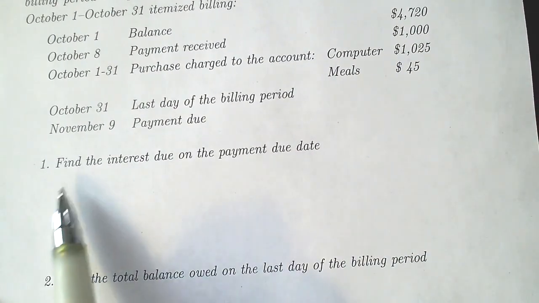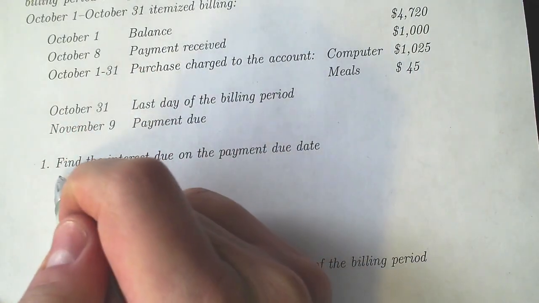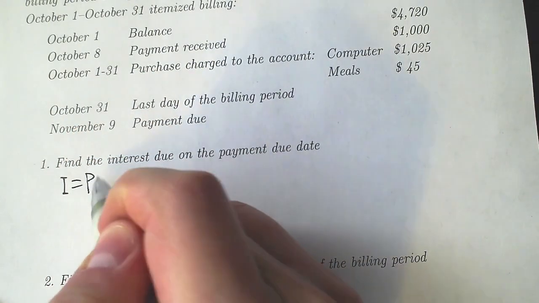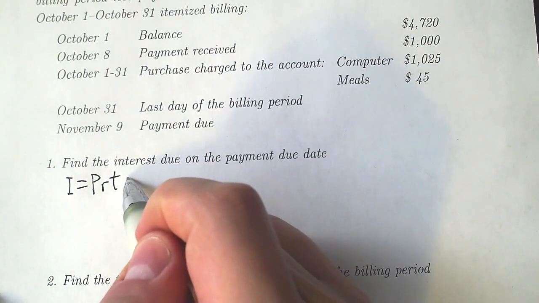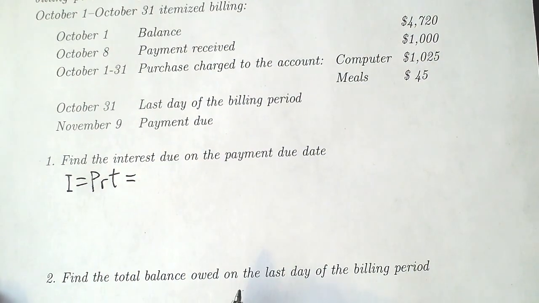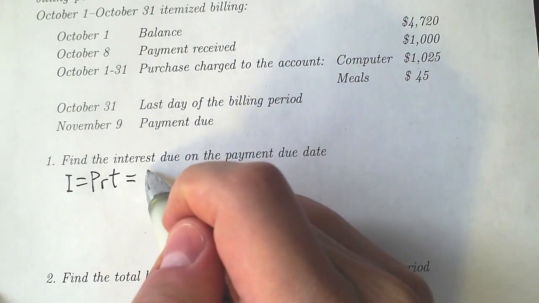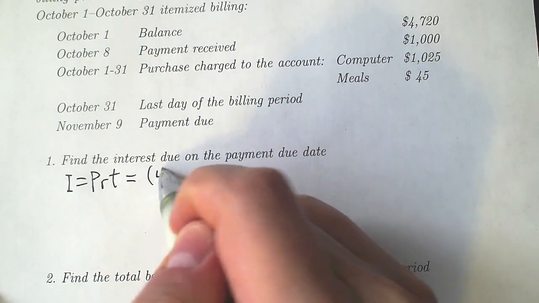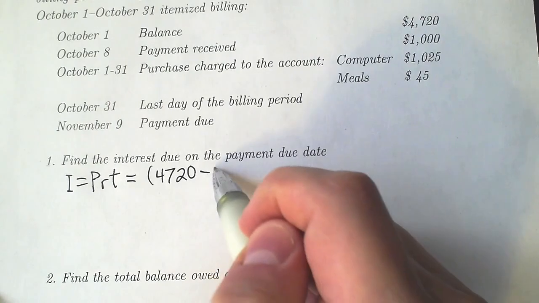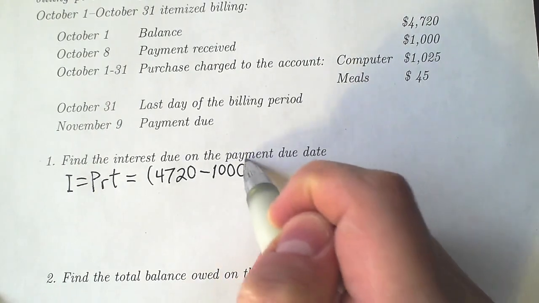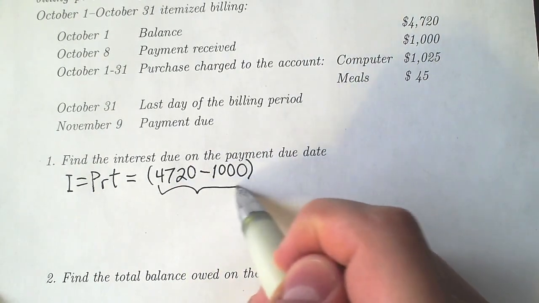Okay, so in number 1, we're doing what the other problem had, which is I equals PRT. So the formula for this section is basically that, plus the thing we'll do in part 2. And for the principal, it's like the other problem, where you take the initial balance and you subtract out any payments that were made. Probably one payment was made in the month.